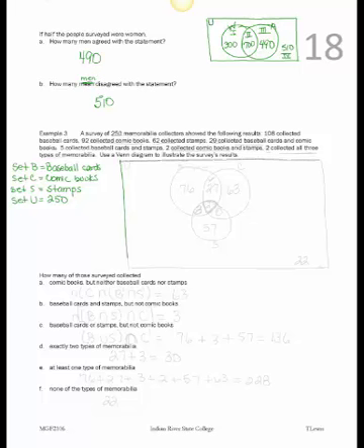So we're going to draw our box and write our U for universal set. Now this time it's not 2 circles that we're going to draw, it will be 3.